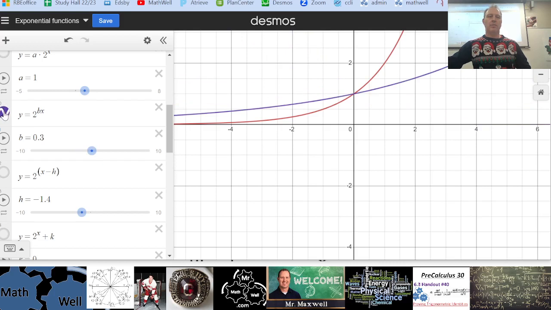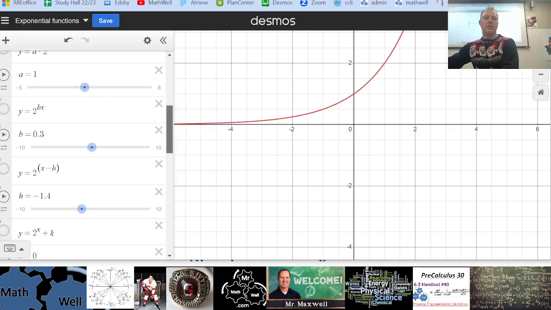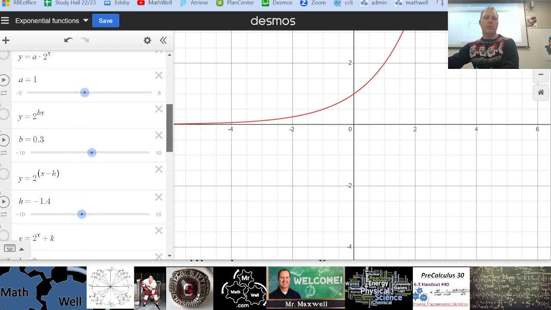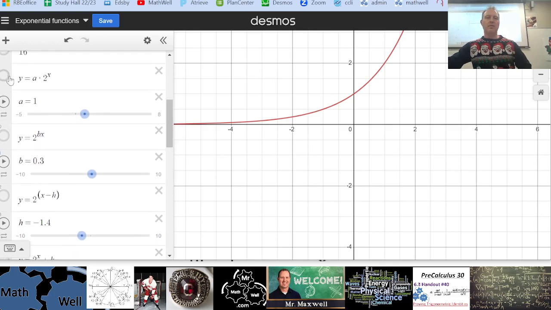All right, what about a value in front? If you have an a value in front of the 2 to the power of x, then that multiplies the y values, so if it's larger, it looks like it stretches upward.